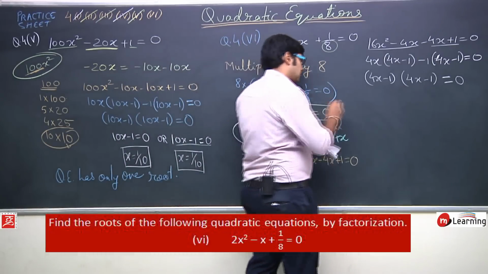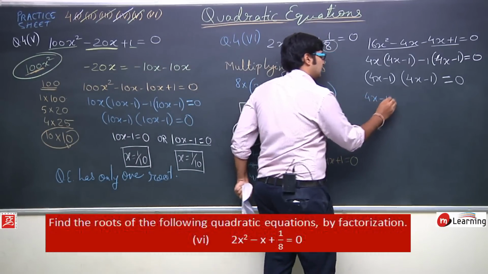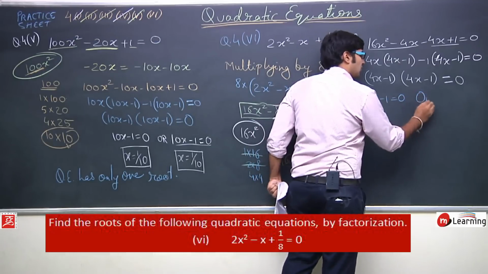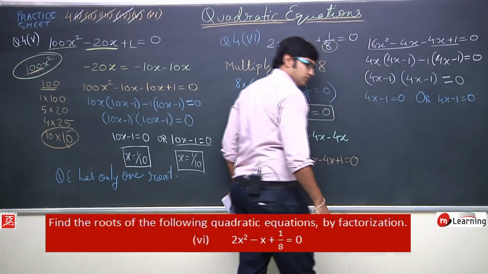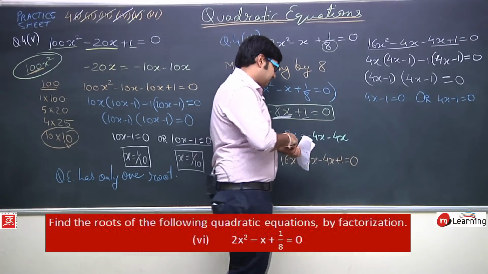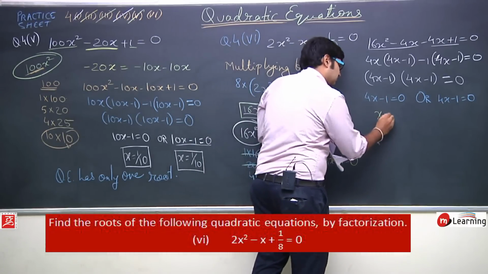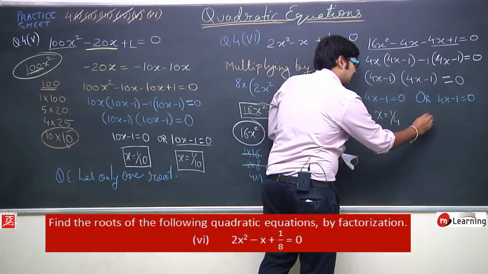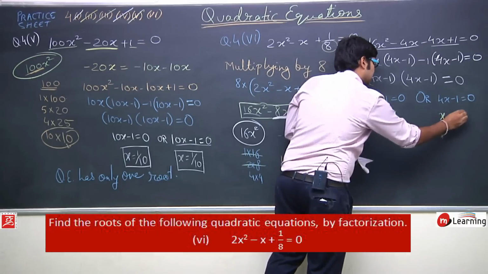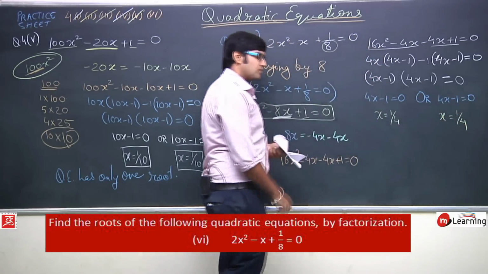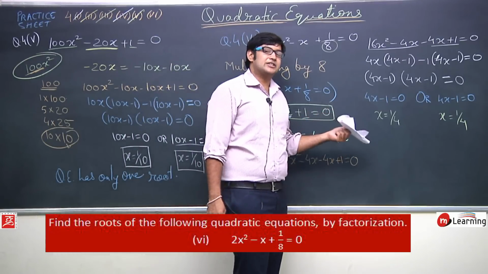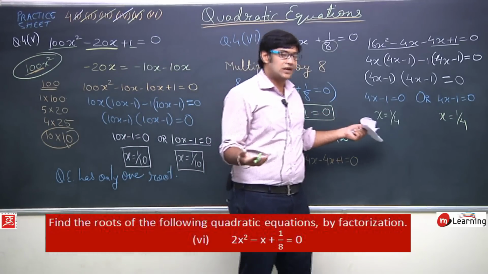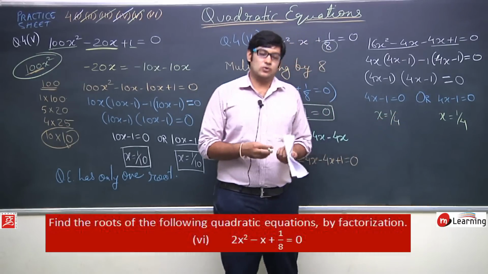From this either 4x minus 1 is equals to 0 or 4x minus 1 is equals to 0, and by solving this x is equals to 1 upon 4, and here also we will get x is equals to 1 upon 4. So what we can see? We can see that this quadratic equation has only one root, and that one root is 1 upon 4.